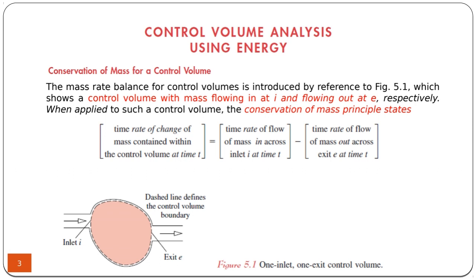However, for the case of open systems, or sometimes we see the name of open system as control volume, mass can cross the boundary. And in both systems, energy can cross the boundary.